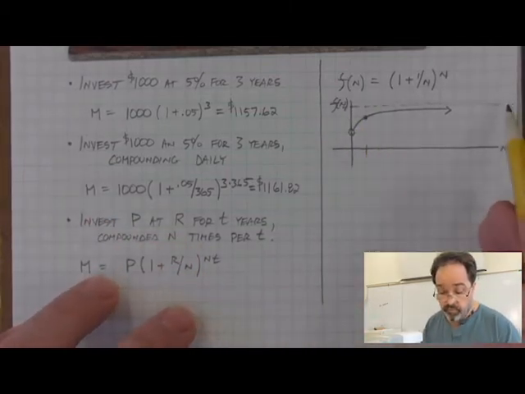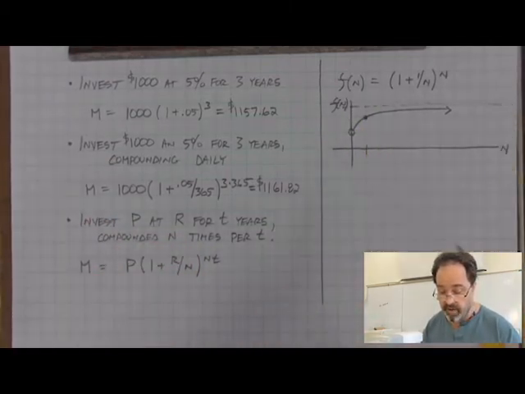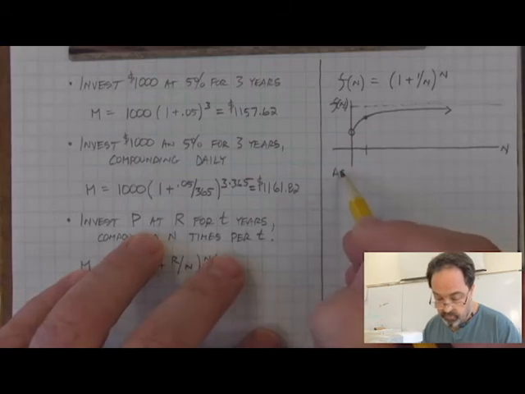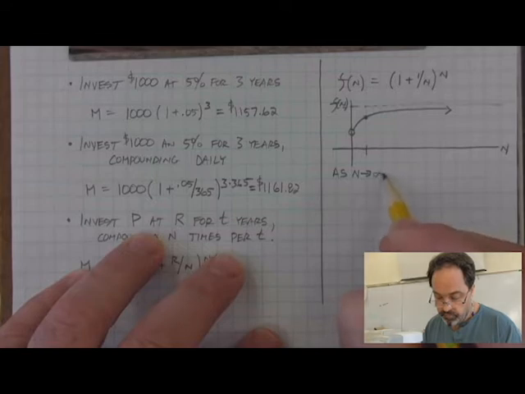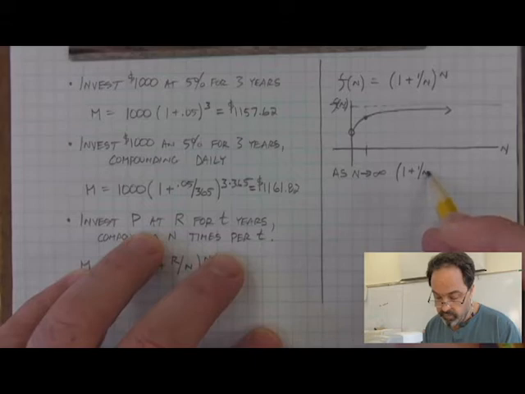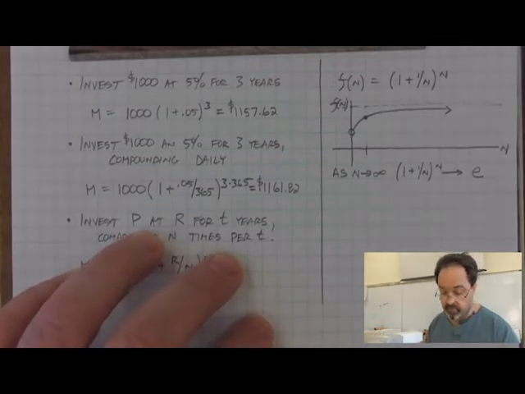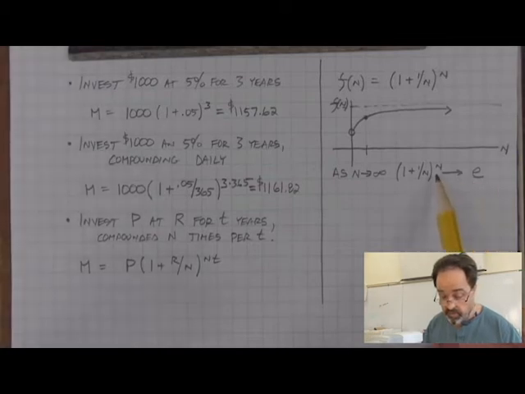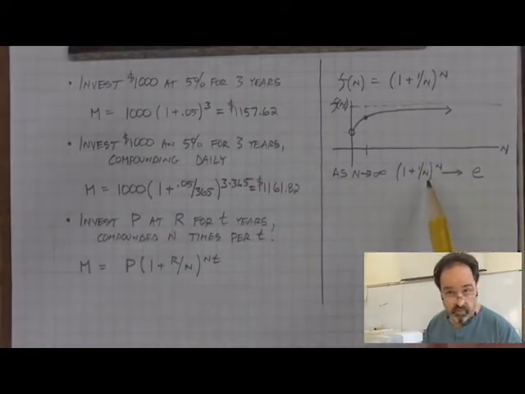So where is this horizontal asymptote? What value does this function approach but never reach or surpass? We can express it this way. As n gets arbitrarily large, the expression 1 plus 1 over n to the nth approaches this value e. And in fact, we can define the value e to be this expression as n goes to infinity.